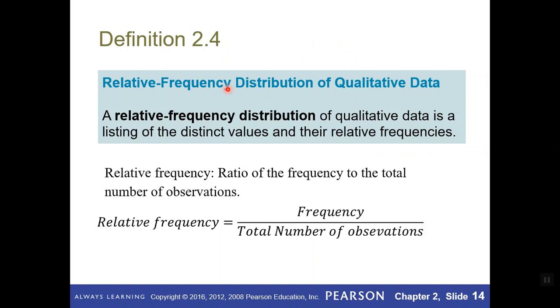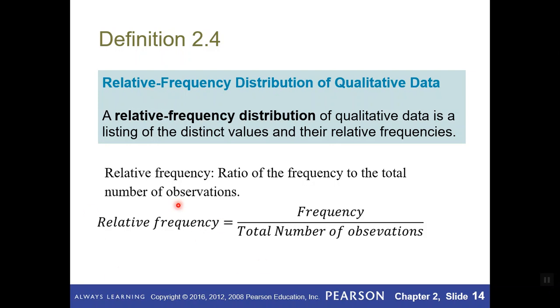Next one is we are trying to identify this frequency distribution relative to something. A relative frequency distribution of qualitative data is a listing of the distinct values and their relative frequencies.